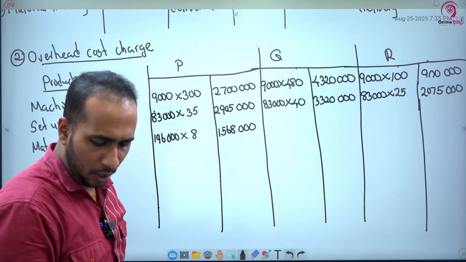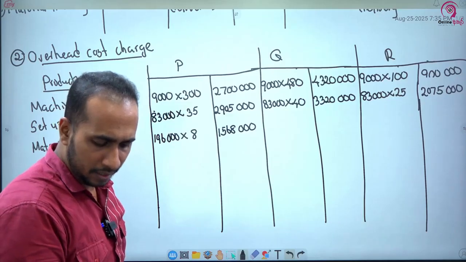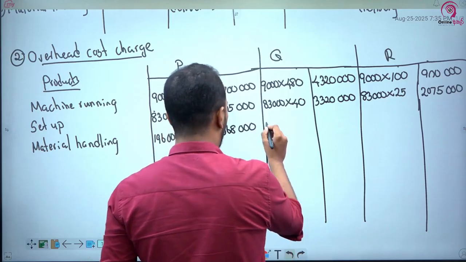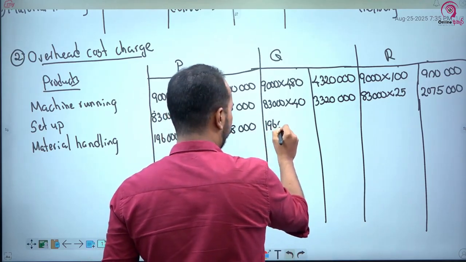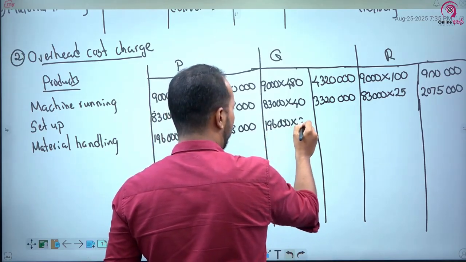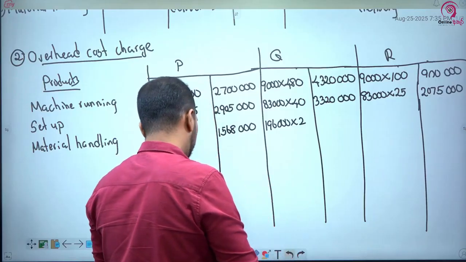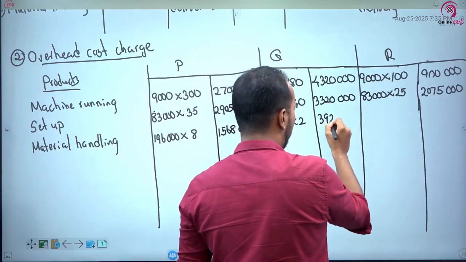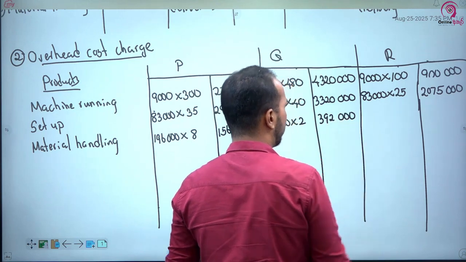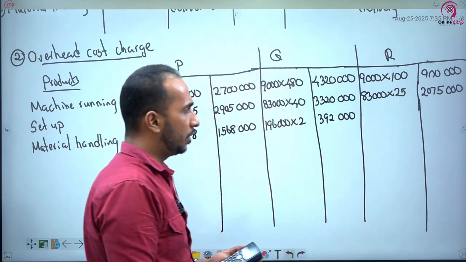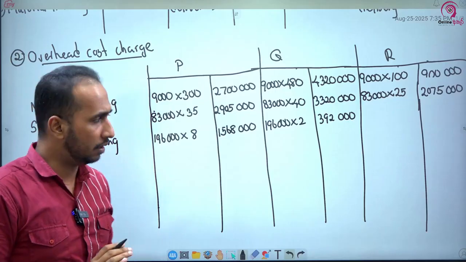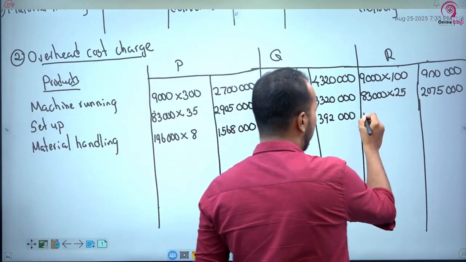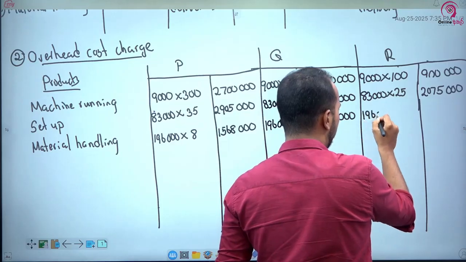In the same way, we can calculate for product Q. How many deliveries have we done? It is 2 deliveries. So 196,000 per delivery multiplied by 2 is 392,000. In the same way, you can calculate the material handling cost that should be charged to product R. Per delivery, we are charging 196,000.